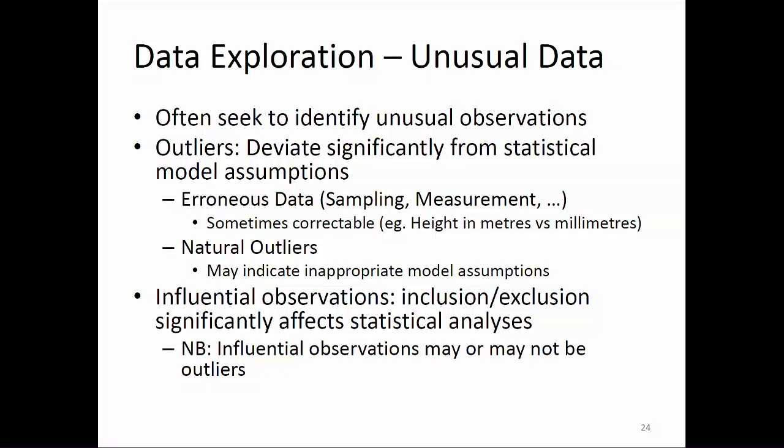There is also this concept of influential observations, and these are the ones that, if you include or exclude them, will significantly change your model behavior. Typically, classical statistical techniques like linear regression have a kind of double-edged sword. They're very powerful in that they can do a lot if your data is good, but they're also very sensitive.